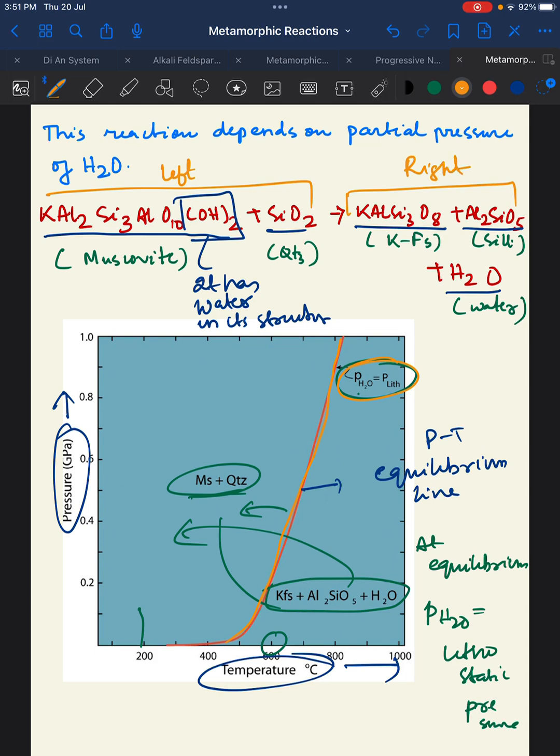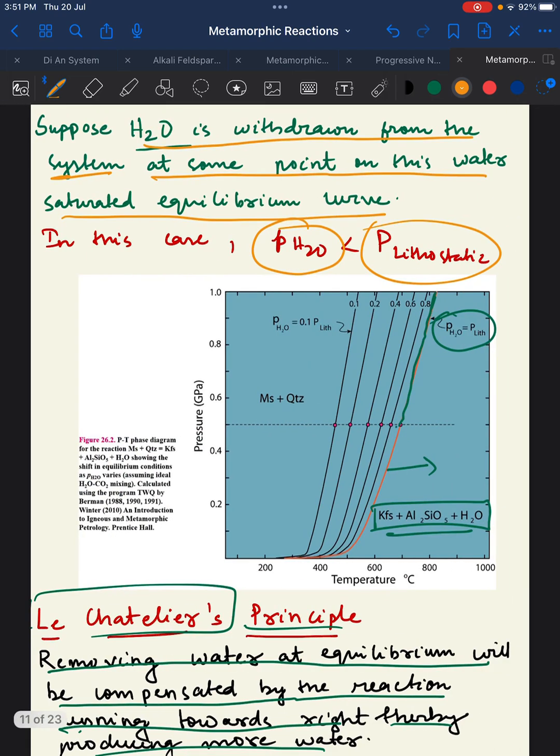If the reaction runs towards the right, then more and more water will be produced, because the system needs more water in order to reach equilibrium once more.